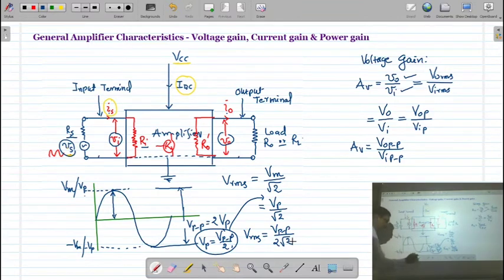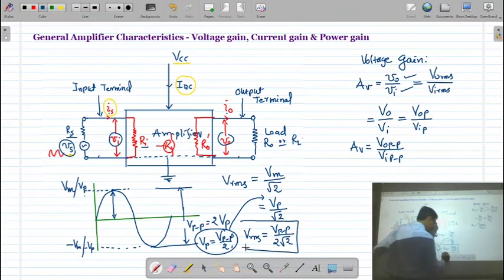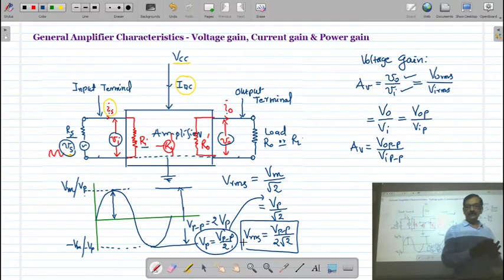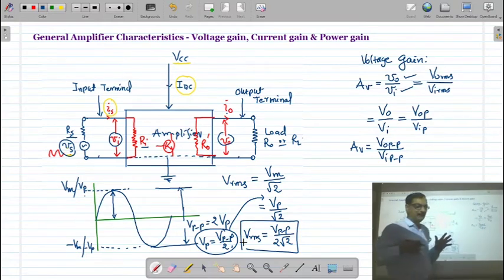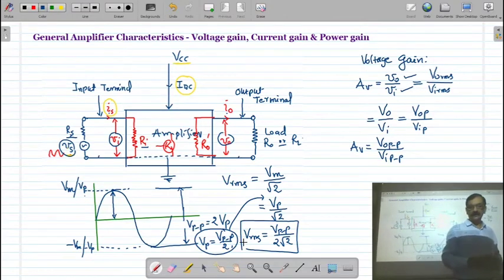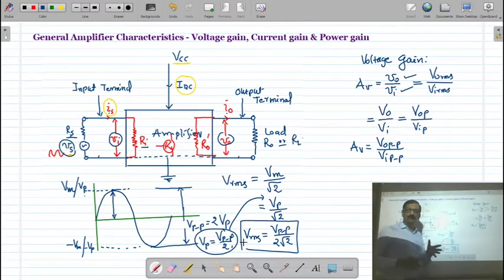So you should remember this formula when you are calculating the gain of the amplifier. Remember, when you are taking the ratio, the ratio must be identical. If the input voltage is a peak value and the output voltage is a peak to peak value, you cannot calculate it. Both parameters, input and output, must be in the same format.